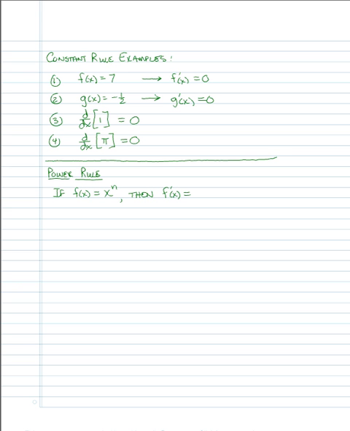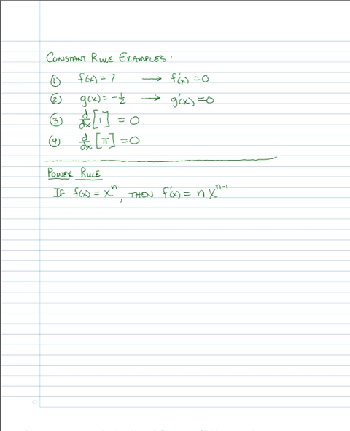We take the original exponent n and write that in front of x, and then we create a new exponent for x that is 1 less than the original. So we take the original exponent and subtract 1 from it to get the new exponent on x.